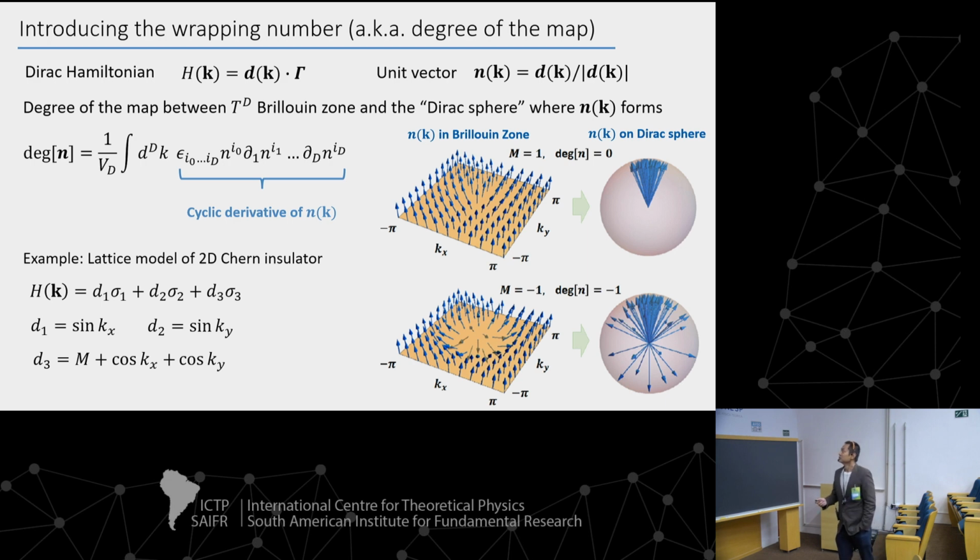By the way, this quantity in differential geometry has a name. It's called the Kronecker index of a vector field, or also the Brouwer index or Brouwer degree of the map.